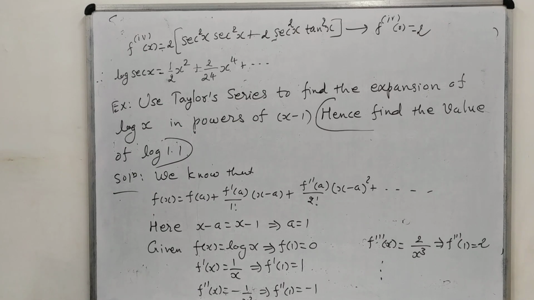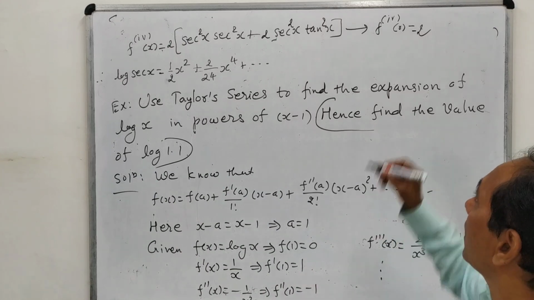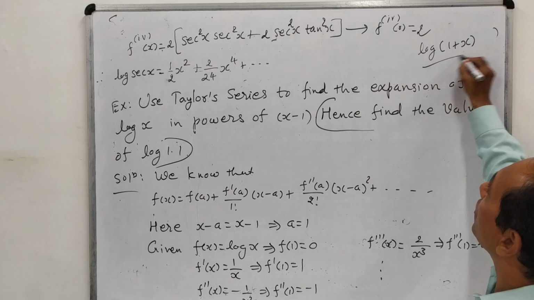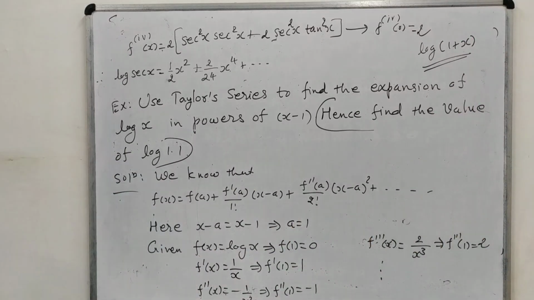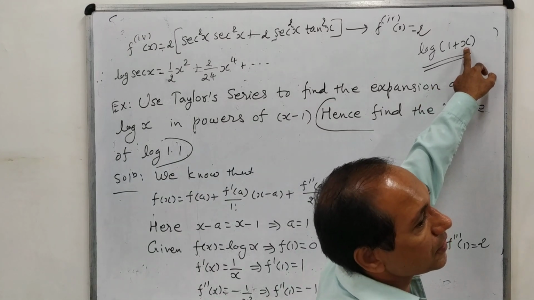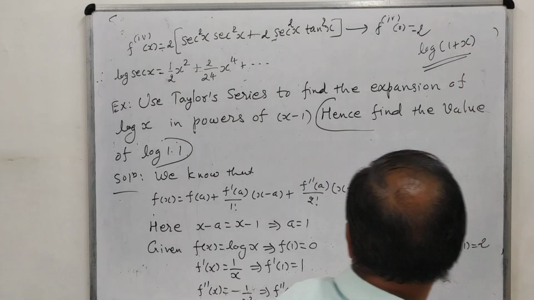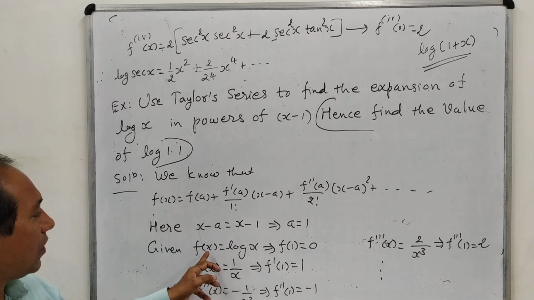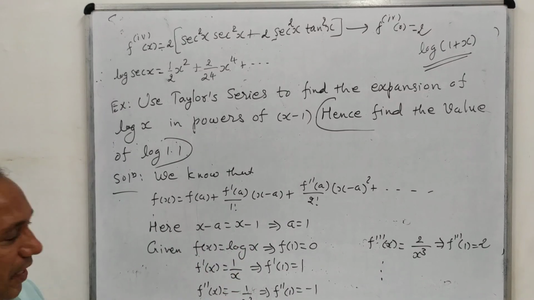and here you remember that previously I showed you the standard Maclaurin series expansion of log of 1 plus x, and I told you that instead of log of x I have written log of 1 plus x. Why? Because there we were finding the Maclaurin series, and the Maclaurin series is at x equal to 0. So if we put x equal to 0, it will become log of 0, and log of 0 is undefined.